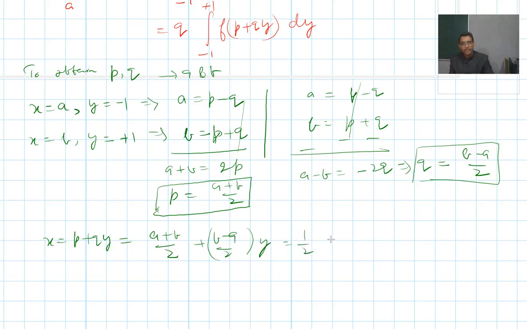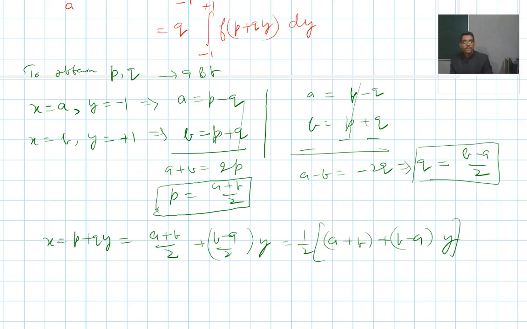And it is 1 by 2 times (a plus b plus (b minus a) y). This is the value of x which we are getting now, and 1 by 2 can be taken outside here.